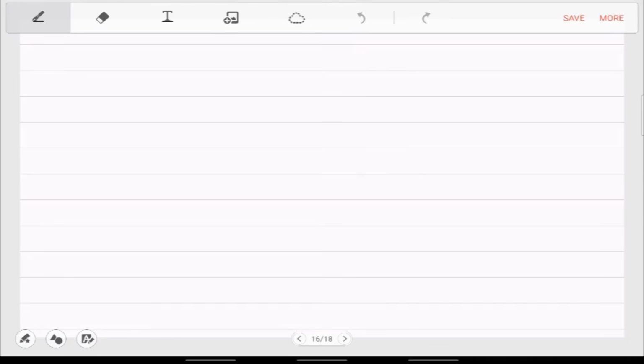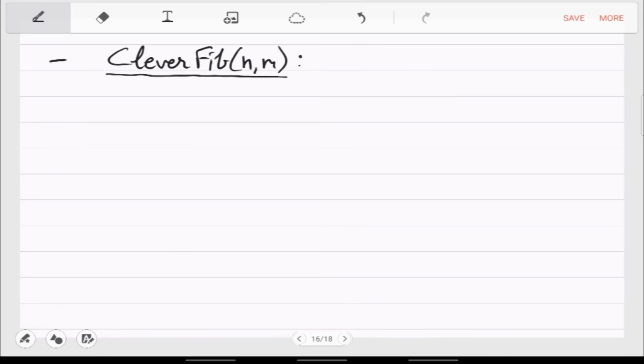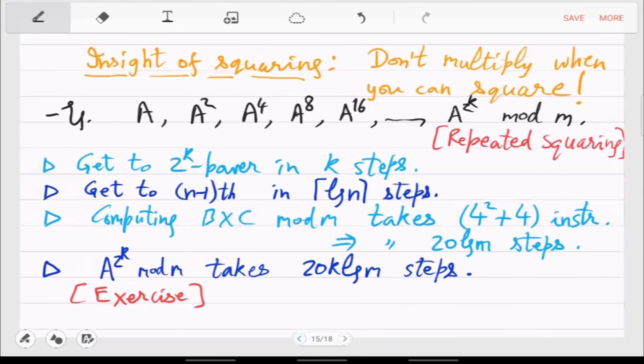So now let us write down this clever fib(n, m). Maybe one more remark can be made here. What is the space which is required for this calculation, A raised to 2 raised to k mod m?